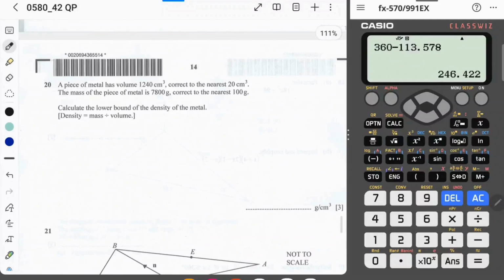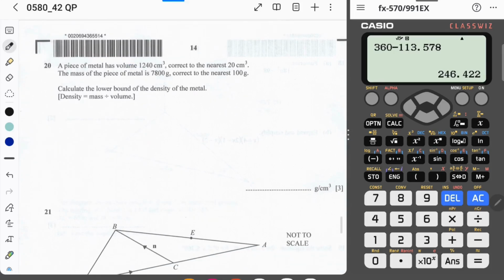A piece of metal has the volume 1240 correct to the nearest 20 cubic centimeters. The mass of the piece of the metal is 7,800 grams correct to the nearest 100 grams. So this is upper bound, lower bound questions. Calculate the lower bound of the density of the metal. So density is mass upon volume, and you know that it's a division question.